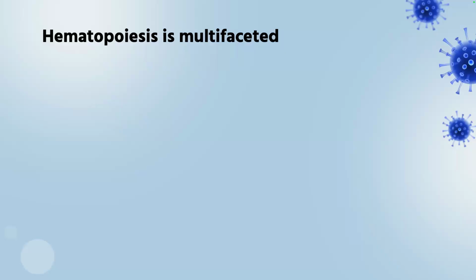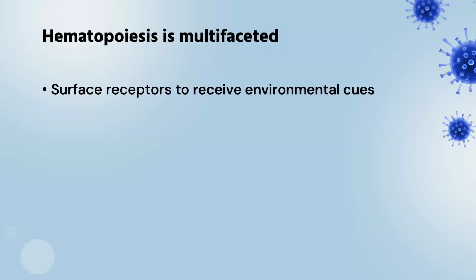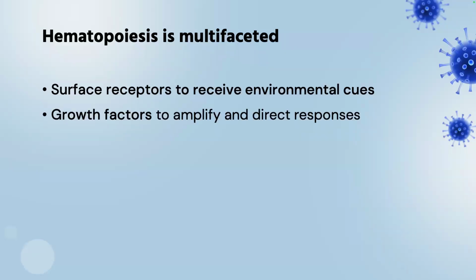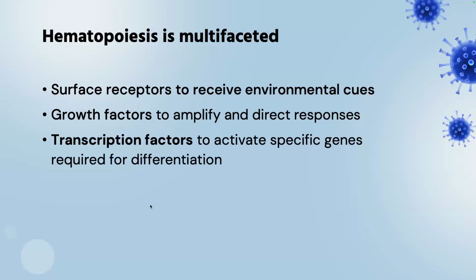During this process, different surface receptors appear on different cells during development, allowing them to bind and respond to growth factors in the environment. Ultimately, the response to these different growth factors will contribute to how the cells develop. Finally, transcription factors also play an important role as well, because different transcription factors will drive different patterns of gene expression. And that is it for our hematopoiesis part 1.